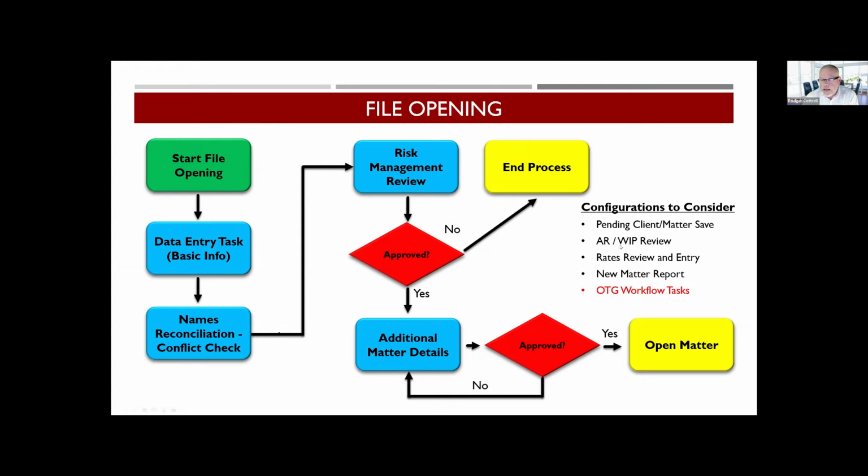Another task that is often included is a rates review task. Through this process, it may be communicated that there are special rates on this matter that either need to be approved or entered into the system. That's another task that you can add. And then there's also the ability to have the system automatically run a new matter report.